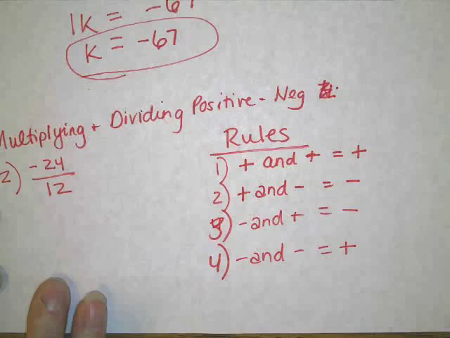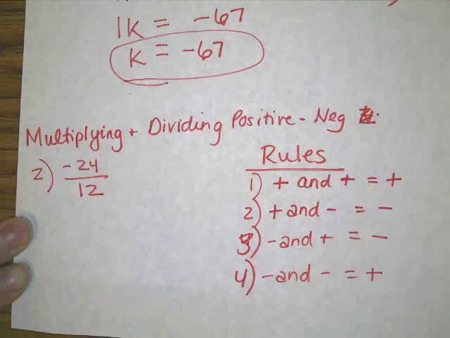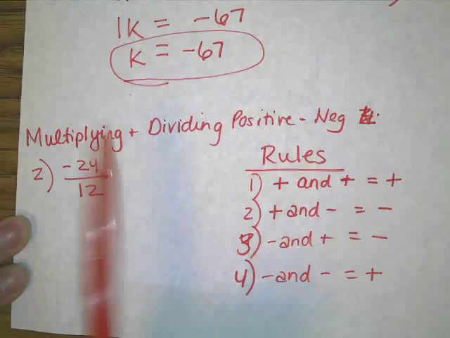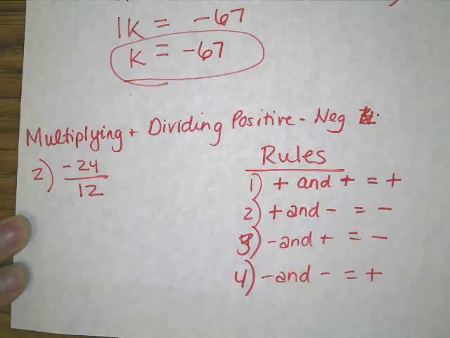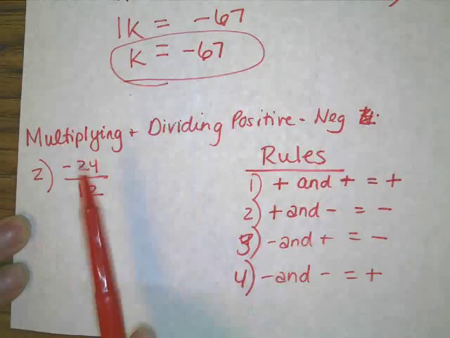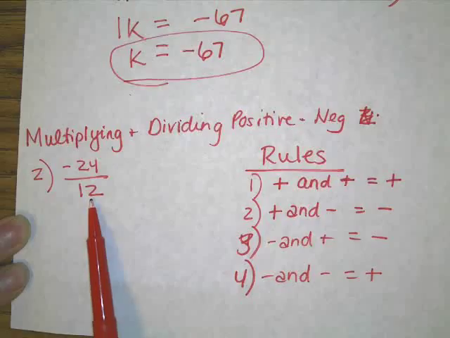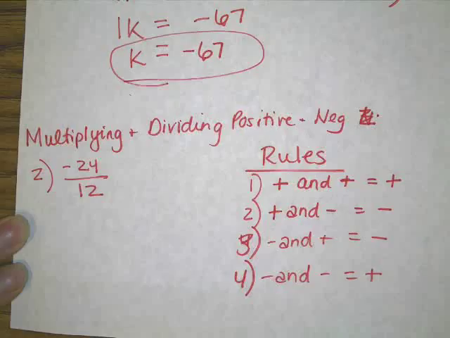All right, so in this problem, what are we doing, Evan? Are we multiplying or are we dividing? Okay, so what are we dividing? So we're dividing 24 by 12. Will our answer, KDB, be positive or negative? Why?